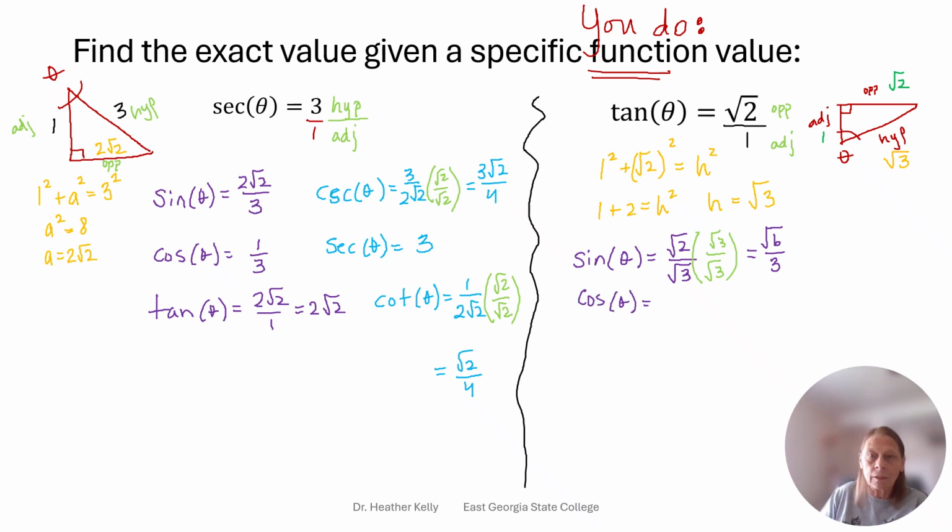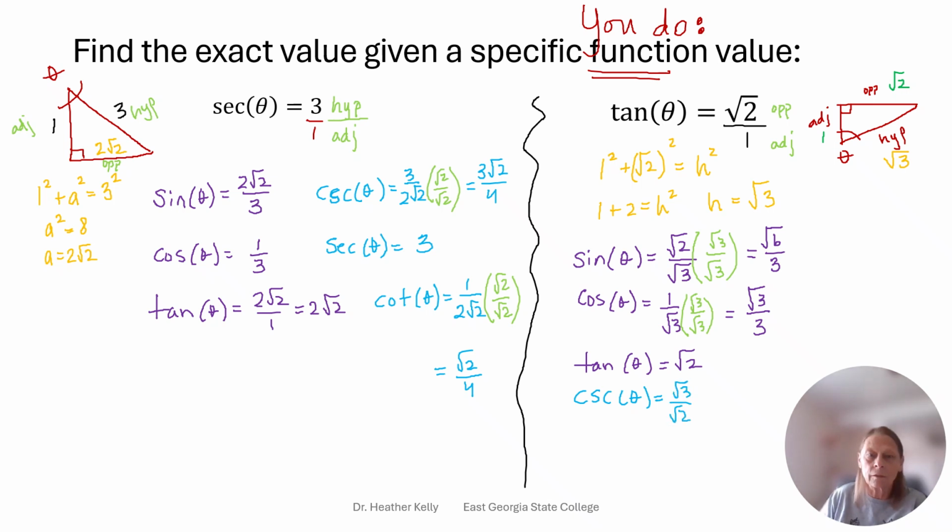Cosine of theta is going to be the adjacent over the hypotenuse, 1 over the square root of 3. Gives us the square root of 3 over 3. Tangent we already have. I'm just going to jot it down. Then let's see, our cosecant is the square root of 3 over the square root of 2.